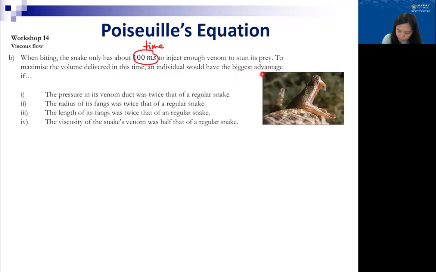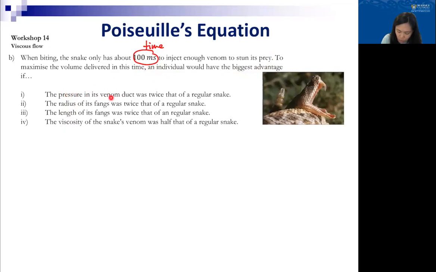Okay, so which factor between pressure, radius, length, or viscosity would give the snake the ability to inject more venom over this same amount of time, 100 milliseconds.